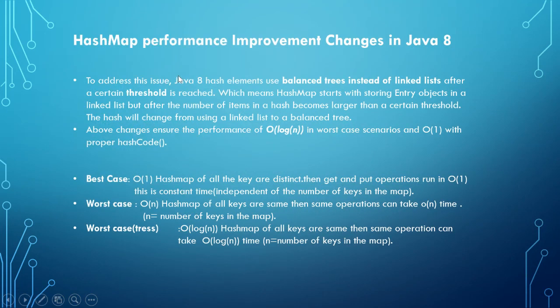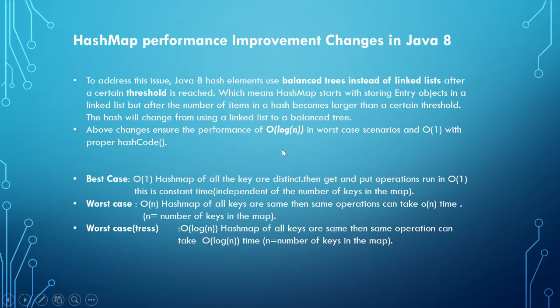HashMap performance improved in Java 8. After Java 8, performance improved because HashMap uses a balanced tree once a threshold capacity is reached. After that, HashMap changes to store all the elements in a balanced tree.